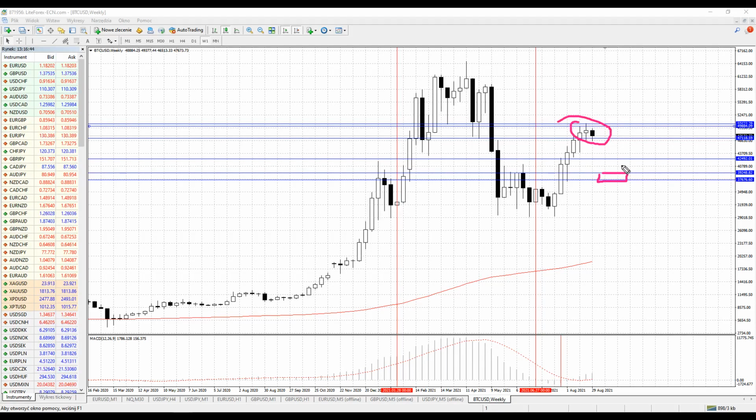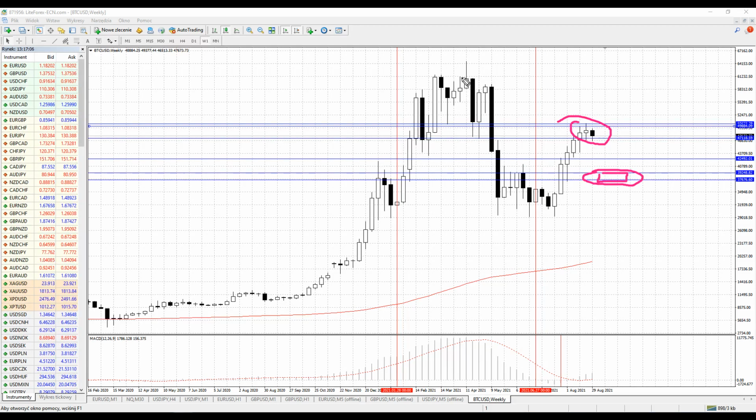Upside, we know 52, 53,000. Downside is a little bit different because it's quite a wide zone between 39,500 and 37,500. That's when it comes to the weekly chart.